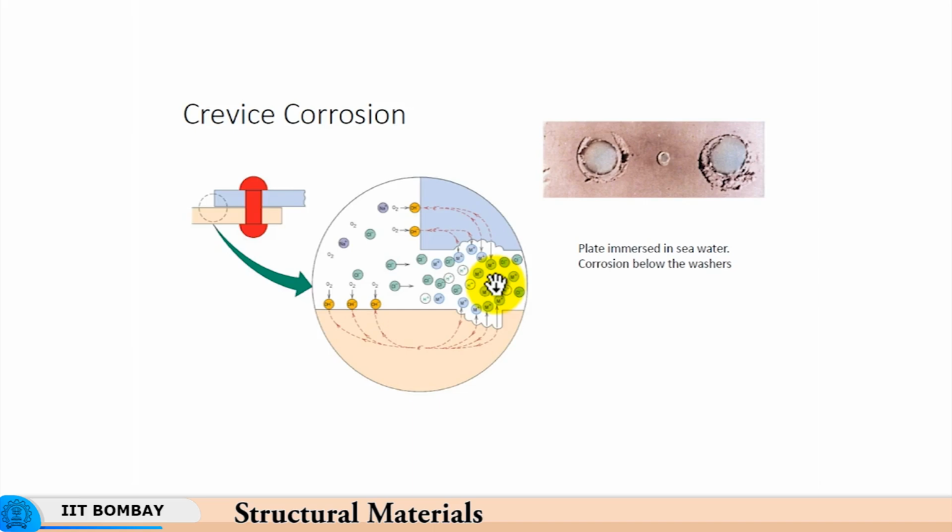So, metal gives up its electrons forming M plus. As the metal gets eaten away, more and more of these ions come and react and form these chlorides, and H plus ions react with dissolved oxygen in water, becoming OH minus ions, right. So, you have lots of OH minus ions because of the presence of oxygen.